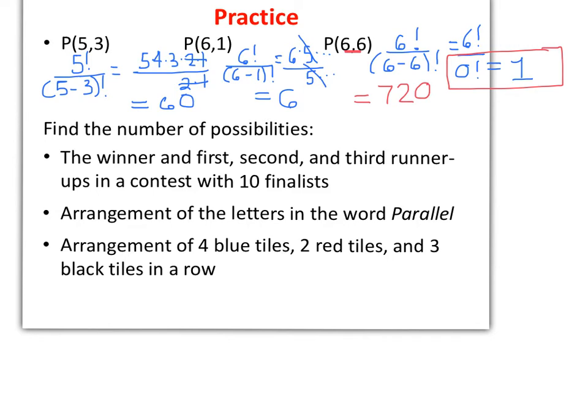So try this for yourself. If you want to pause the video and try these next 3, that would be great. Otherwise, I will go on and start to do these examples. The winner and first, second, and third runner-up in a contest with 10 finalists. So we have a winner and a first, second, third runner-up. So that's 4 different places being represented: the winner, first place, second place, and then third place runner-up.